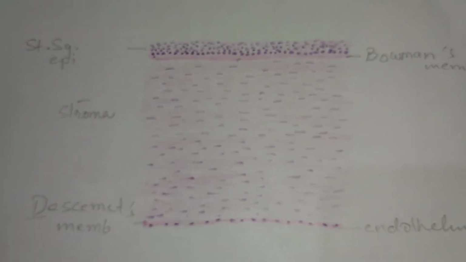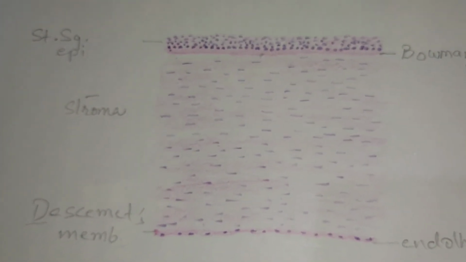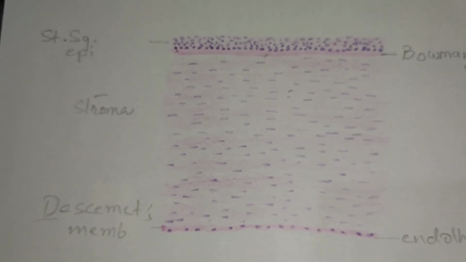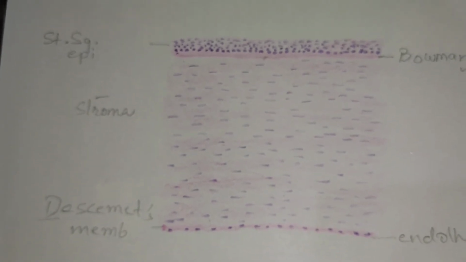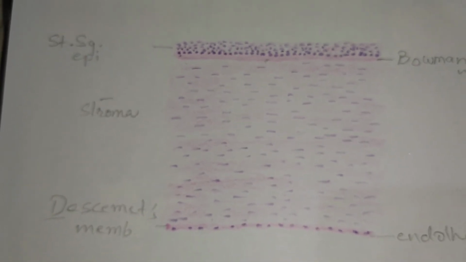Now number 2, the examiner asks how the transparency of the cornea is maintained. The major factors responsible for transparency of the cornea are, number 1, the complete absence of blood vessels in the corneal tissue. Number 2, the uniform orthogonal array of collagen fiber lamellae in the corneal stroma, that is, alternating lamellae run at right angles to each other.